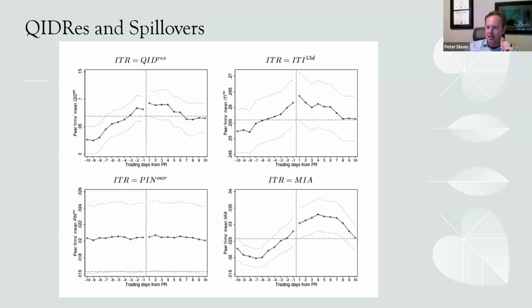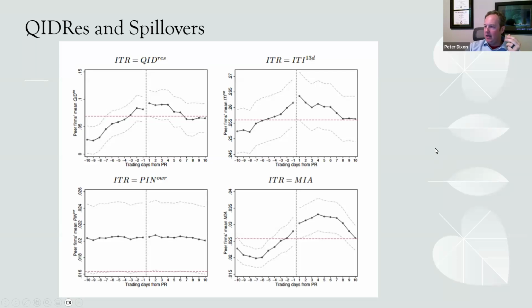And what we find is, right here, QuidRes does show that there seem to be some spillovers. Informed trading is statistically lower in the days prior to the announcement relative to the day right after or the day of the announcement. ITI shows a similar pattern, but it's not statistically significant. MIA does seem to show this same pattern, and PIN shows absolutely nothing.